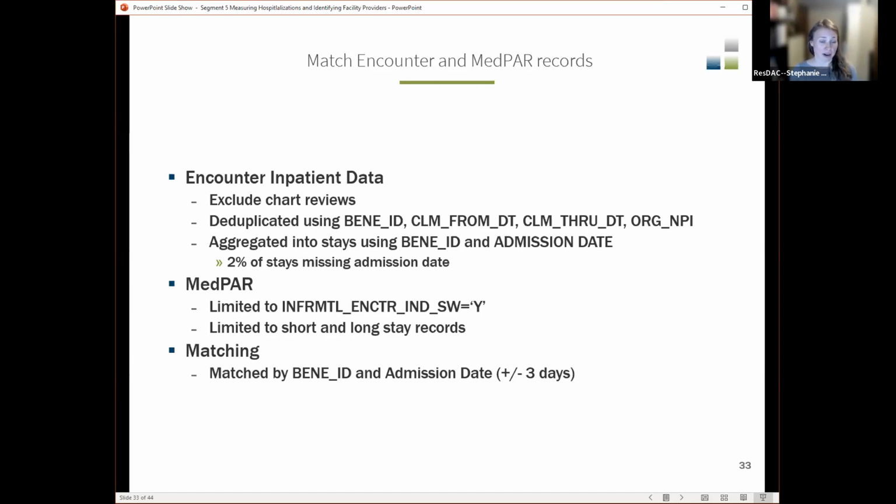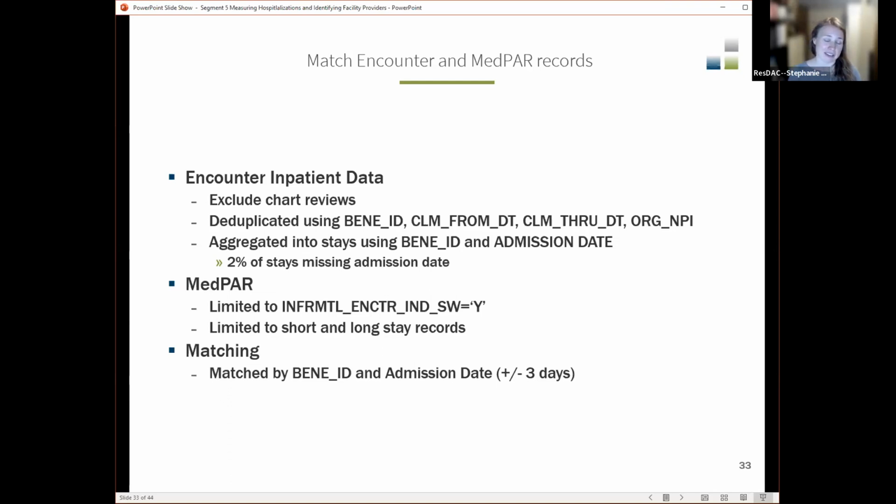Okay, so in the MedPAR, we limited to the encounter stays. At one point, we were a little bit curious, what happens if we remove that? But by and large, we find the encounter stays are characterizing Medicare Advantage beneficiaries. And then we limited to short and long stay records, which means that we didn't include the skilled nursing facility records. Then we matched by the beneficiary ID and the admission date, and we gave it a few days plus or minus.